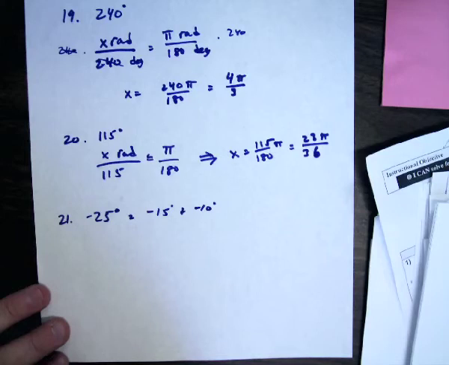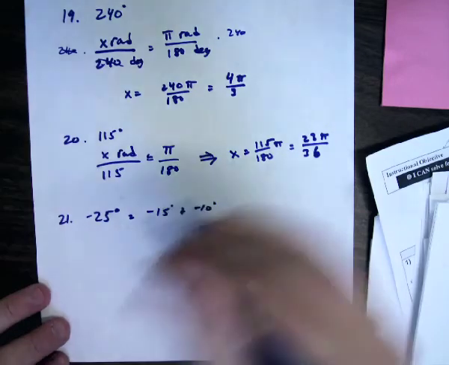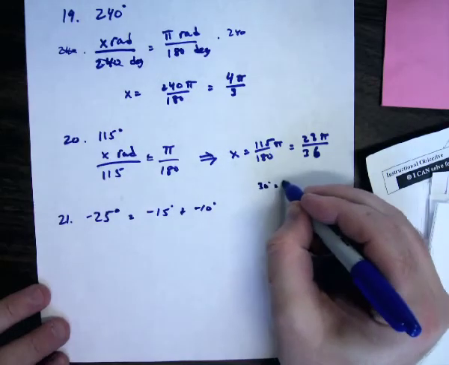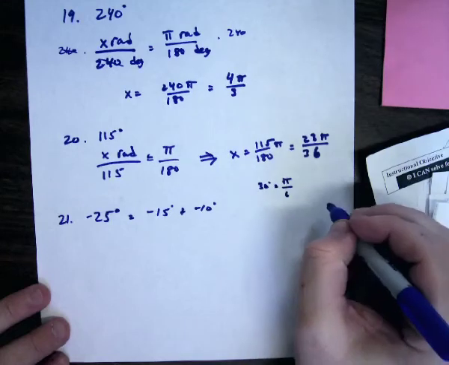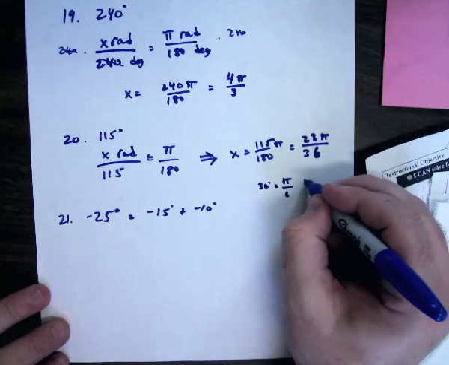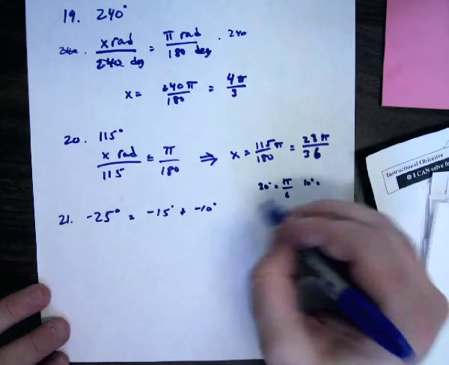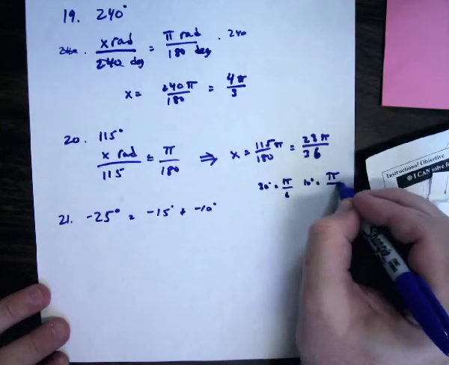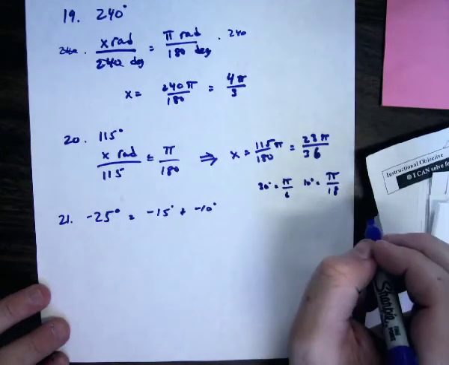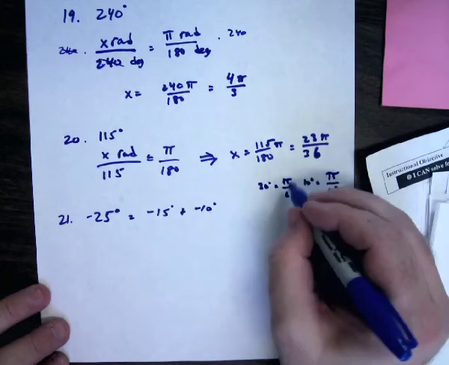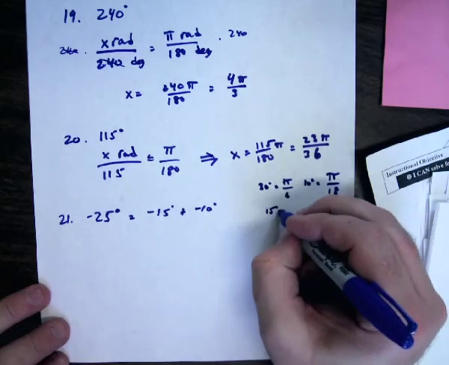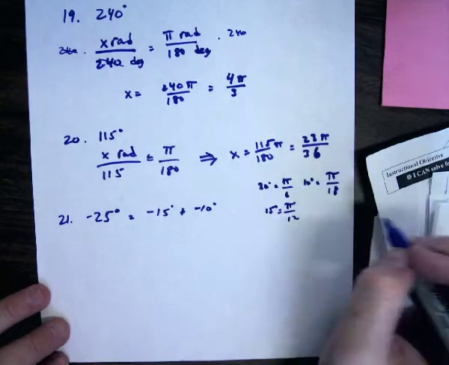Now I know that 30 degrees is pi over 6. And so that means that 10 degrees would be everything divided by 3, so that would be pi over 18. 15 degrees would be this cut in half, so 15 degrees equals pi over 12.